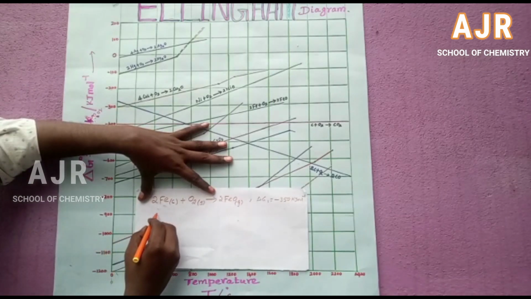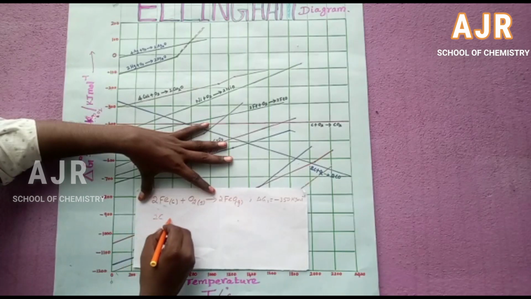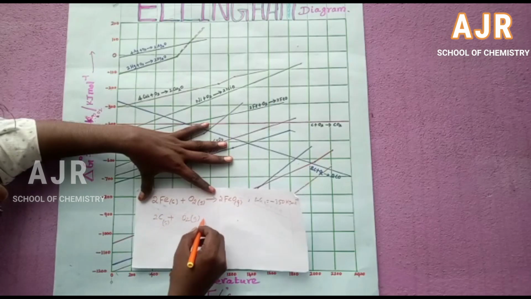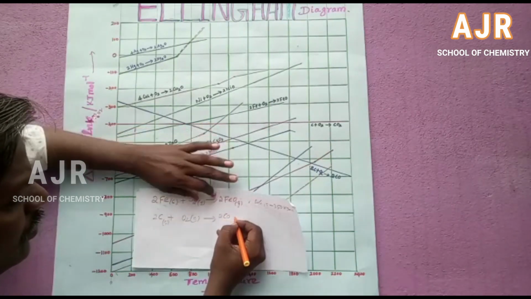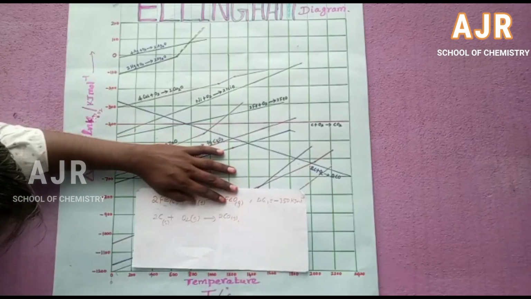And carbon monoxide formation: 2C solid plus O2 gas giving 2CO gas.